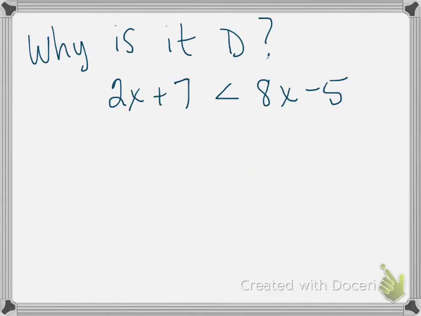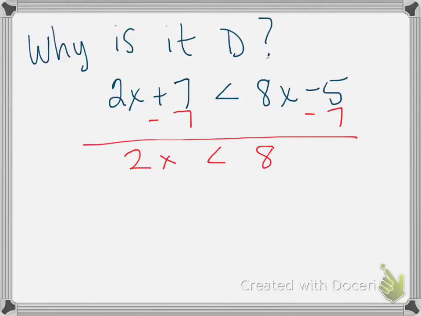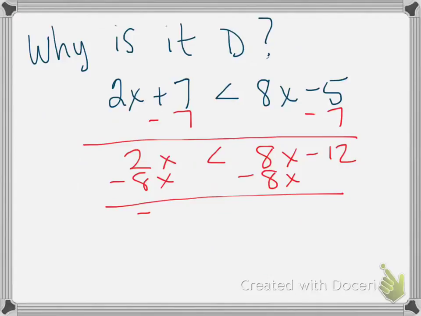I'm going to go ahead and subtract 7 from each side. 2x is less than 8x minus 12. Subtract 8x from each side. Negative 6x is less than negative 12. Divide by negative 6. x, 2.